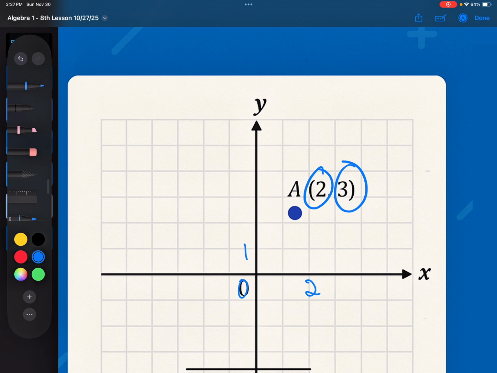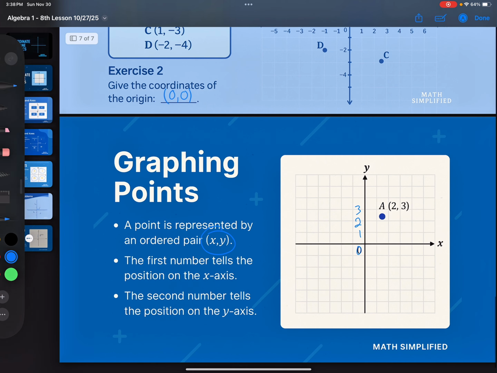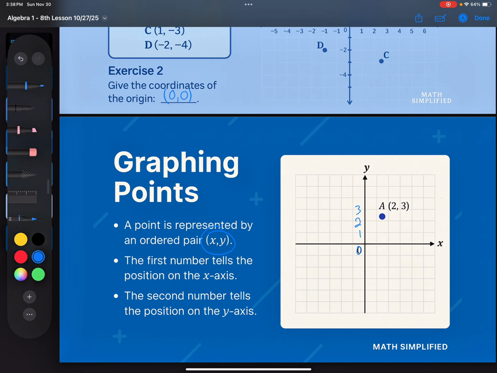And then we gotta find 1, 2, 3. According to the x and y, it would be at that point, and it would be 2, 3. This is just the basics of graphing points: the first number tells the x-axis and the second one tells the y-axis.